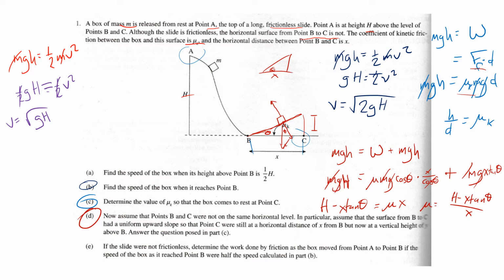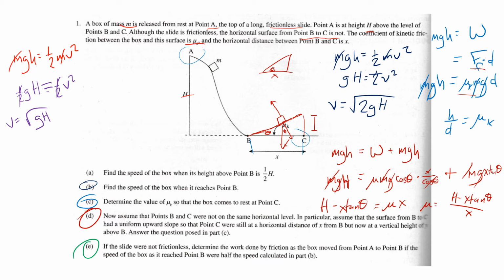Oh, hold on. If the slide were not frictionless, determine the work done by the friction. Oh, the slide on the left. Okay, all right, I got it now. If the slide were not frictionless, determine the work done by the friction as the box moved from point A to point B. The speed of the box as it reached point B were half the speed as we calculated in part B. Okay, that's not so bad.